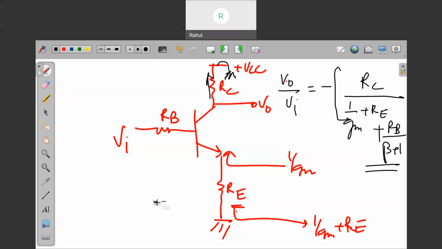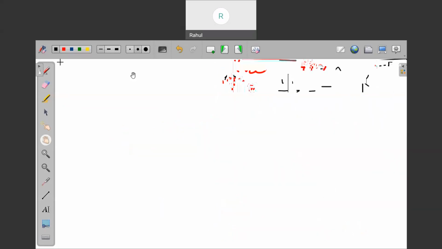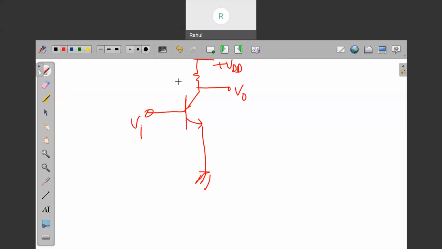And if someone is going to ask you what is the impedance of a common emitter amplifier, suppose this kind of circuit is given, and they're asking about the input impedance. This is Vi and this is V out, and there is a VCC, and this is RC.